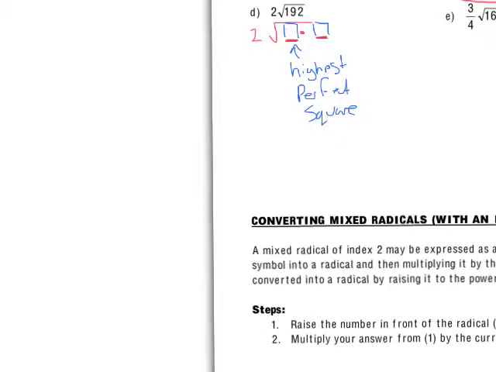Okay, so what goes into 192? 64 turns out to be the highest perfect square. So 64 is going to go into here, and then 64 times 3 gives us 192.